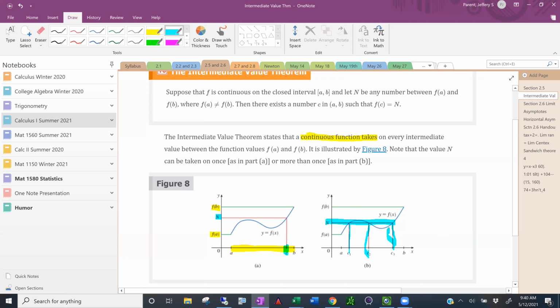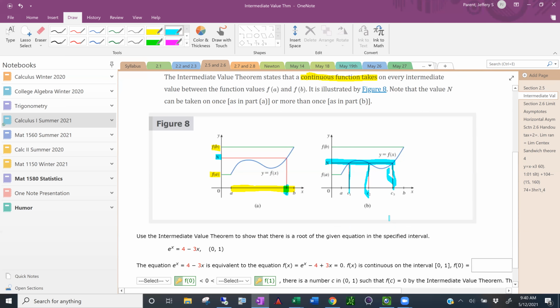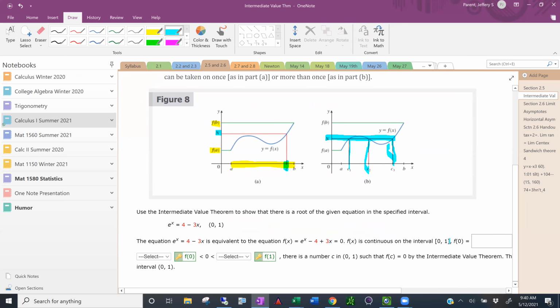Now this must seem really abstract if this is the first time you've seen something like this. So let me try and give you an idea of where you can use this and how you would use this. One of the uses of the intermediate value theorem is to show that something has a solution. In this particular case, we're going to look at e to the x equals 4 minus 3x on the interval 0 to 1.